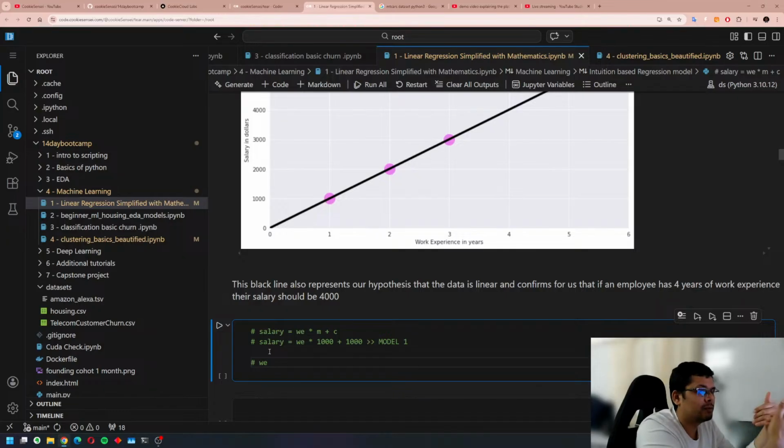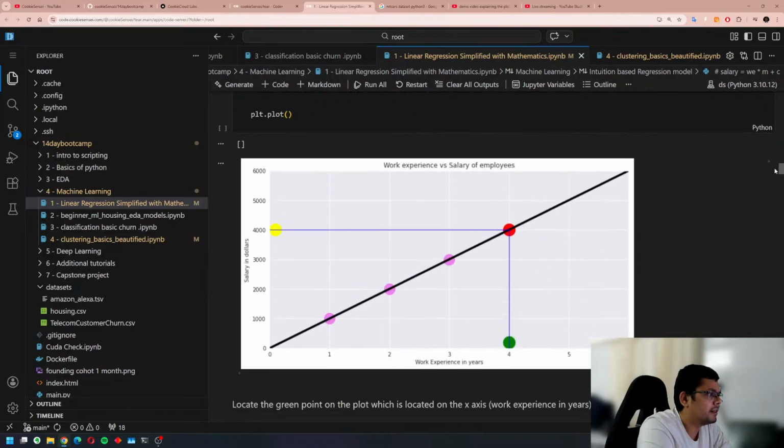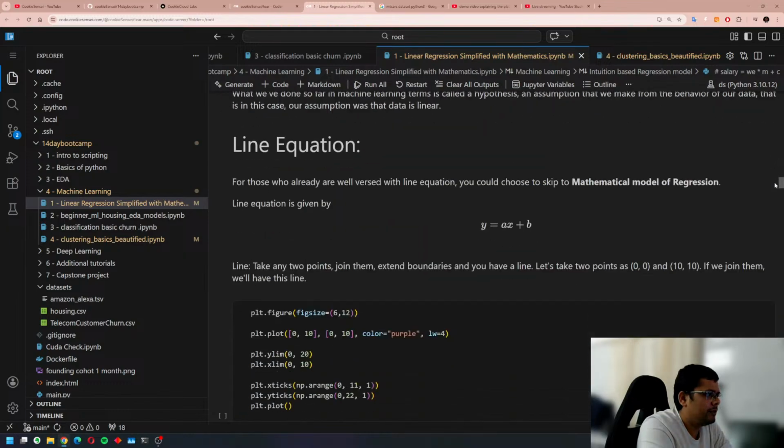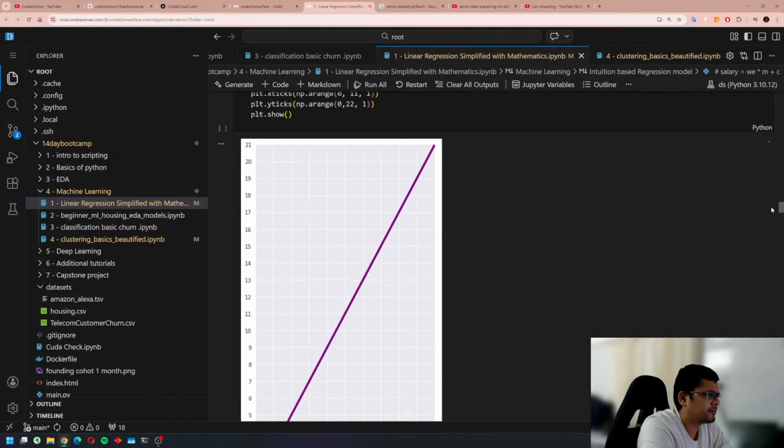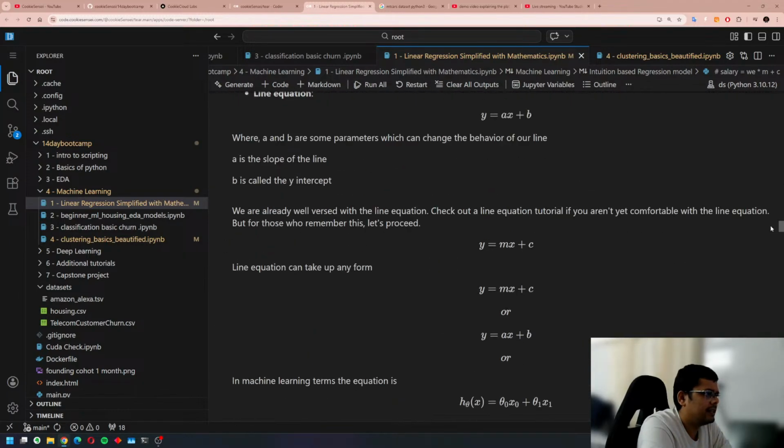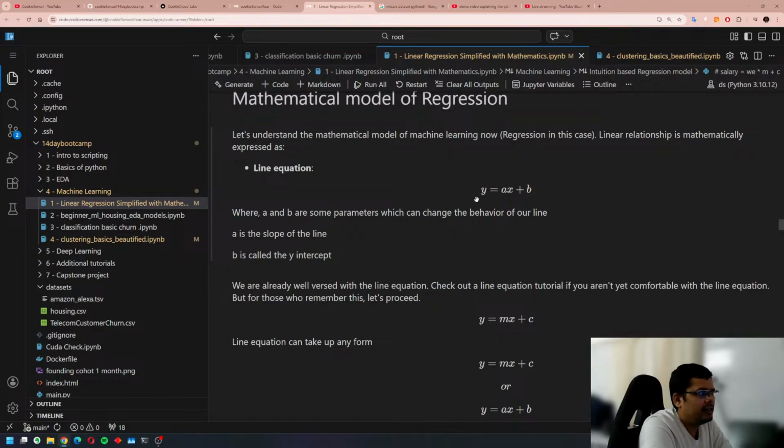That comes in the next part, which is gradient descent, but we are not going to go into what gradient descent does, because this is not a mathematically heavy tutorial. So let's say I'm writing the equation as y equals ax plus b.